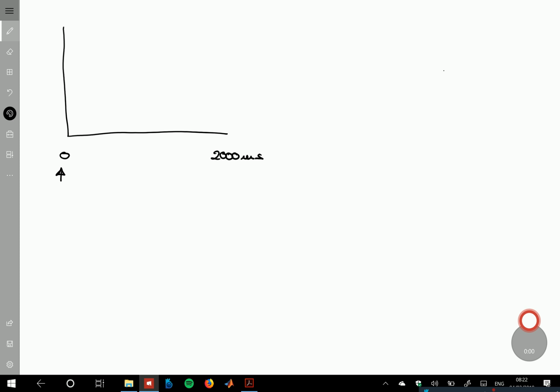Here the excitation pulse happens, and the entire magnetization is tilted into the transverse plane. So that's when the whole thing starts.